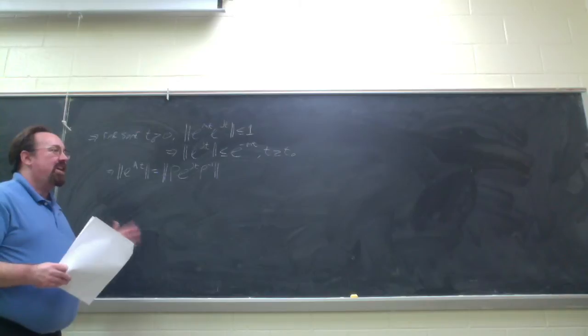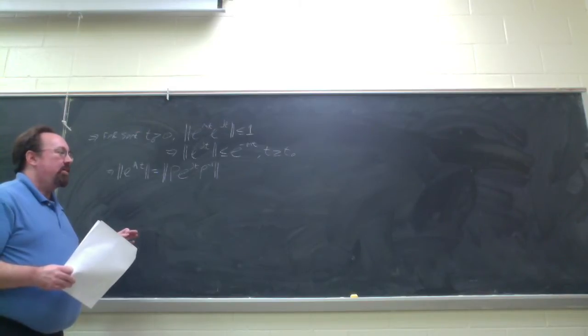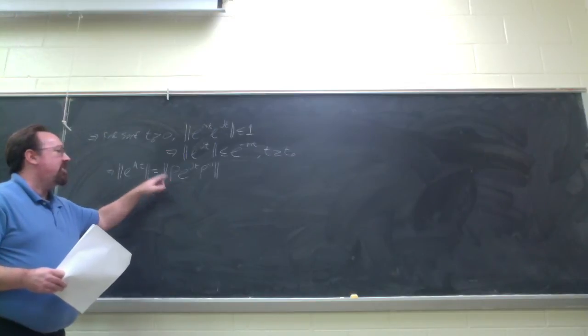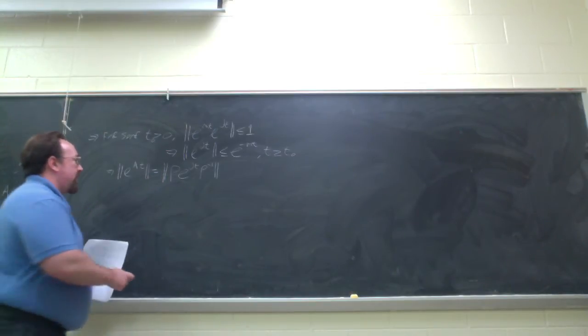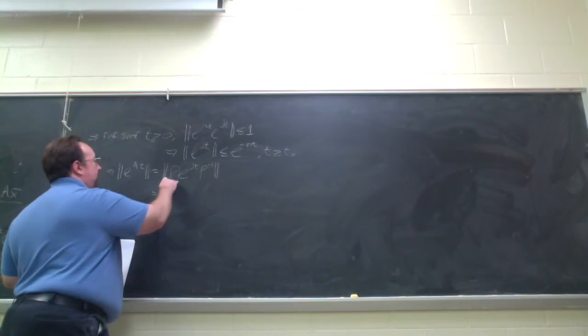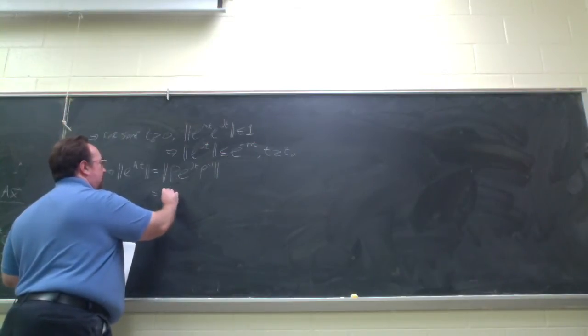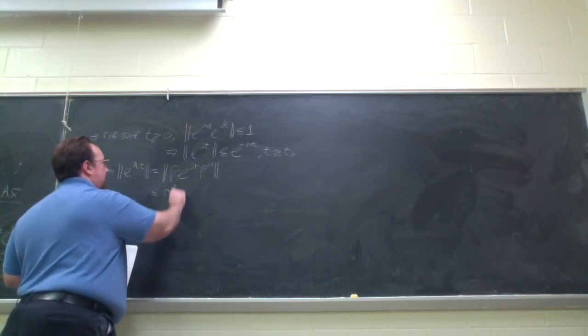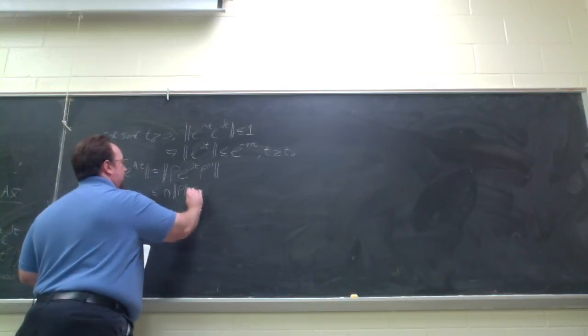But this is not that kind of norm because it doesn't satisfy that submultiplicative property. Since the norm that we're using is just the maximum entry, we can make a similar statement: the norm of a product is less than or equal to n times the product of the norms.